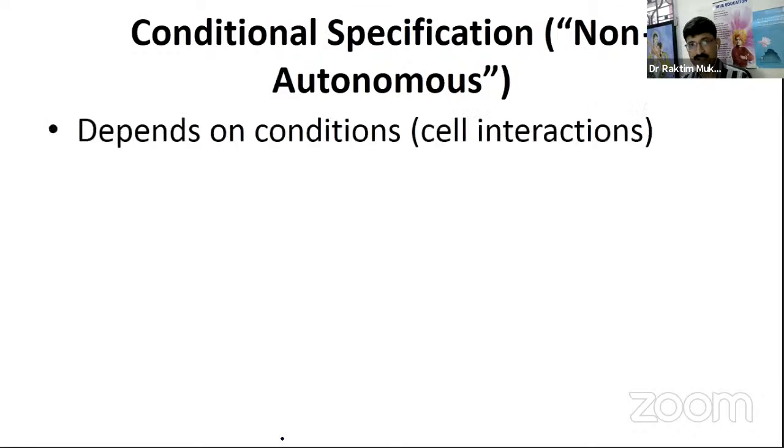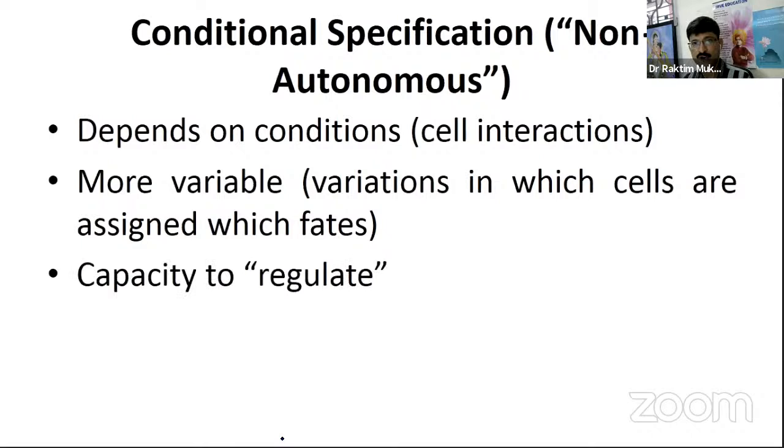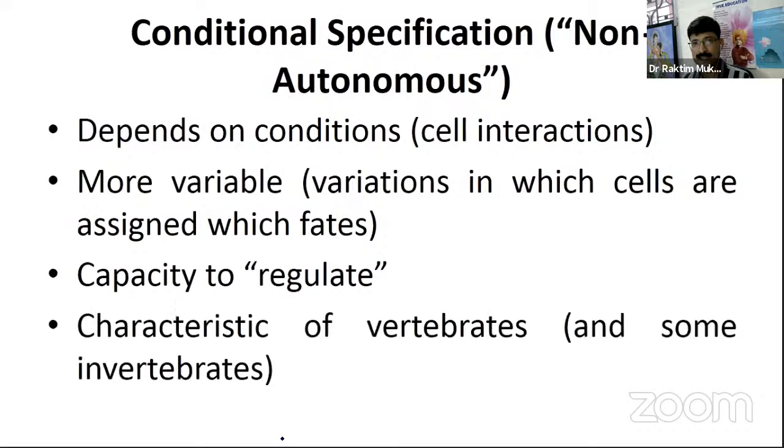Now we go to conditional specification or non-autonomous specification. It depends on conditions, that is cell interactions. It is more variable, that is, there are variations in which cells are assigned which fates. Non-autonomous or conditional specification has the capacity to regulate. It's the characteristic of vertebrates and some of the invertebrates.